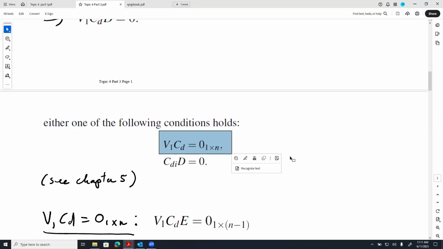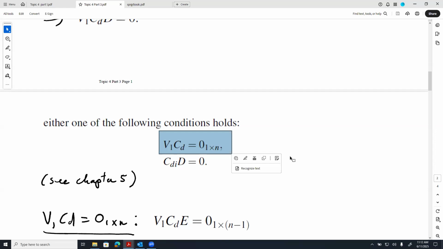That means that we impose a specific structure on the first row of matrix CD. Remember that V1 has a specific structure. It has a non-zero element, the first non-zero element, and the rest of the elements in V1 are 0.